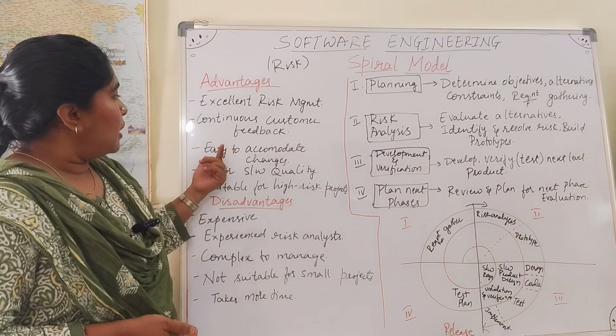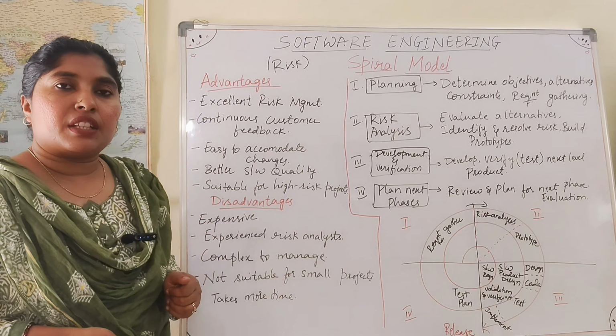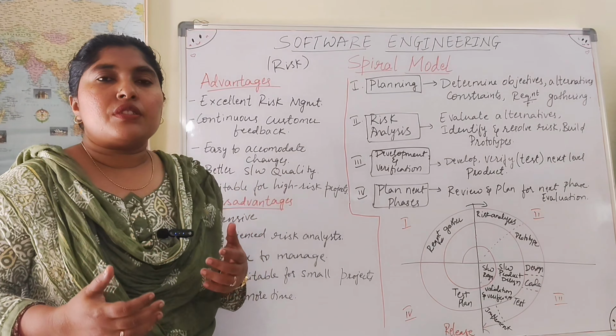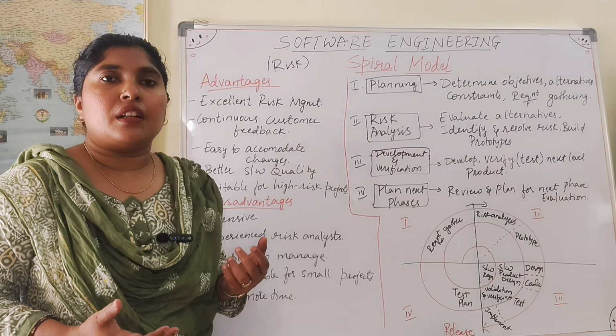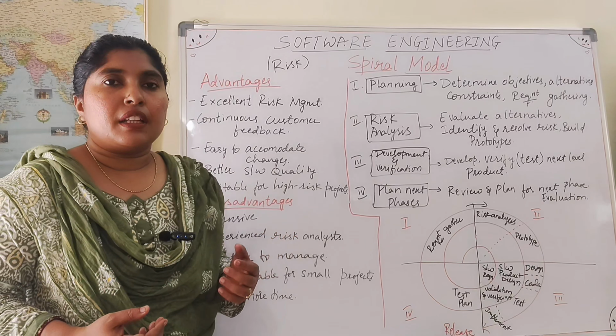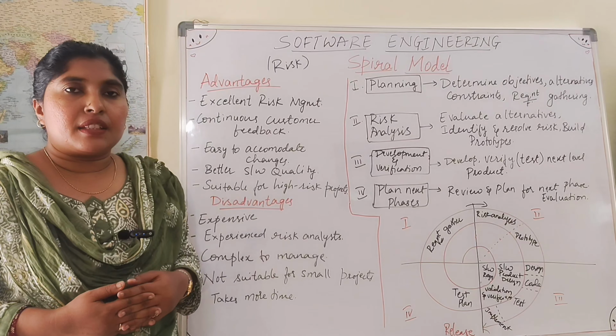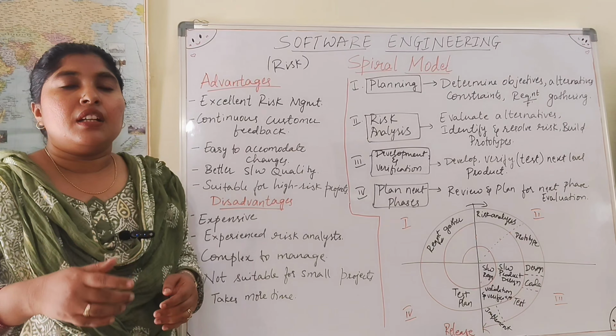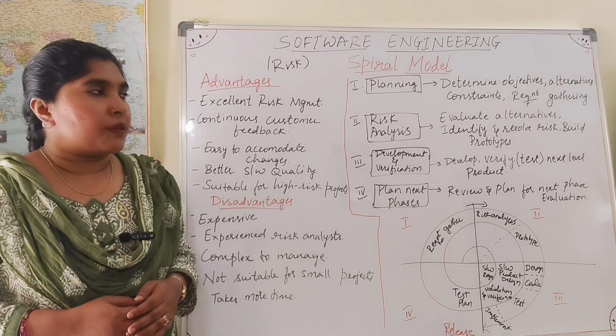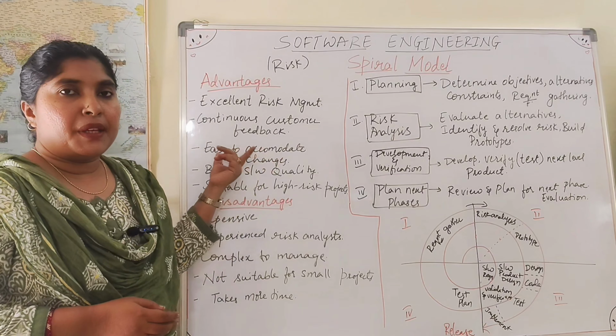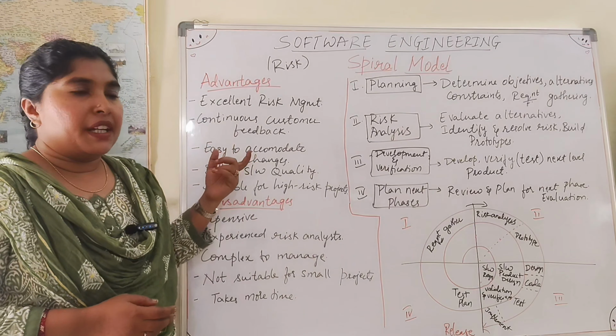And next, third advantage is easy to accommodate changes. If the customer wants changes to get incorporated in the project, then the accommodation of those changes in the project will be easier. They will incorporate them in the next cycles. So those changes will be easier to accommodate.